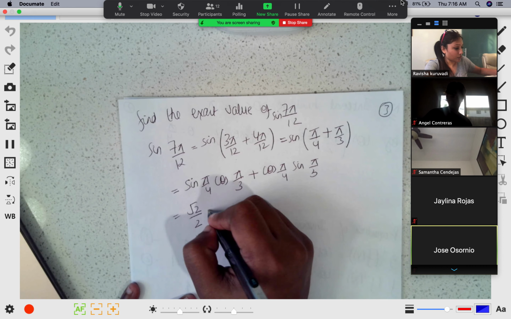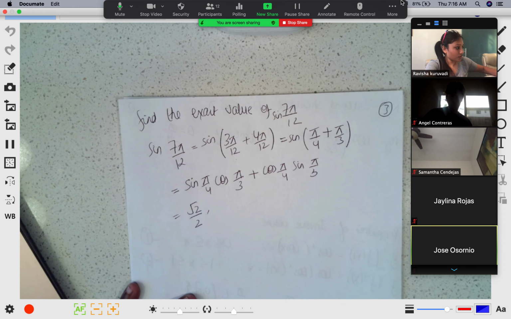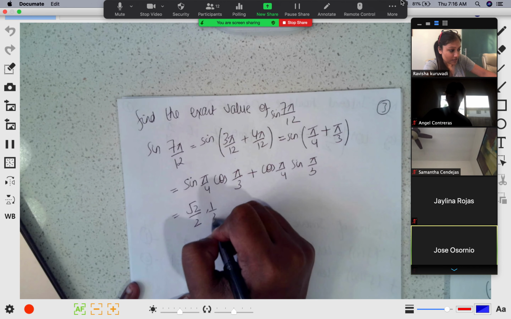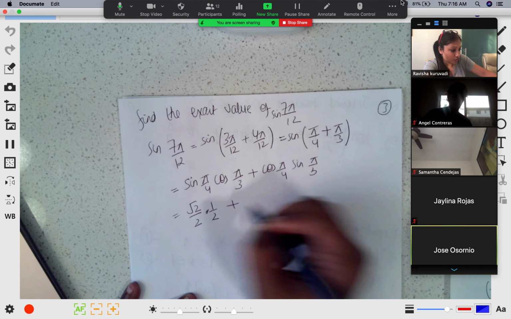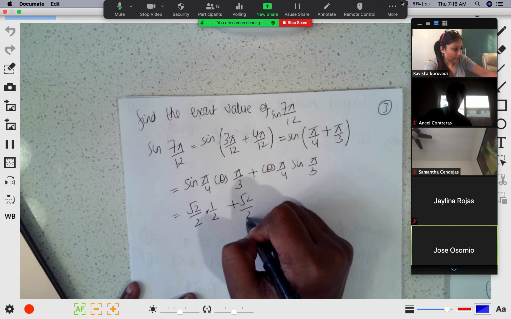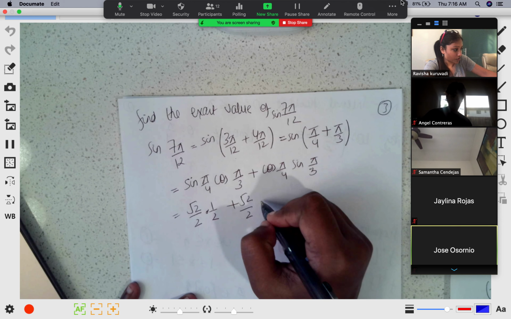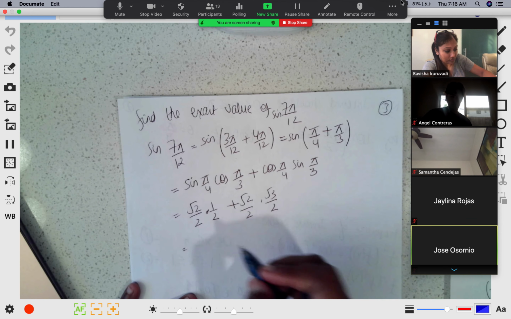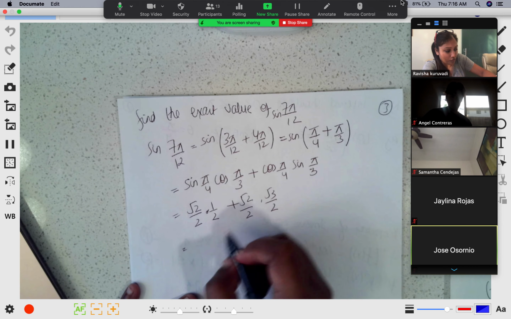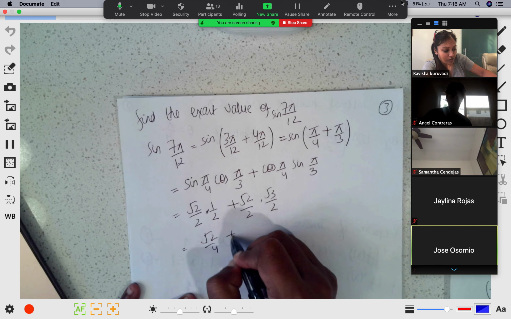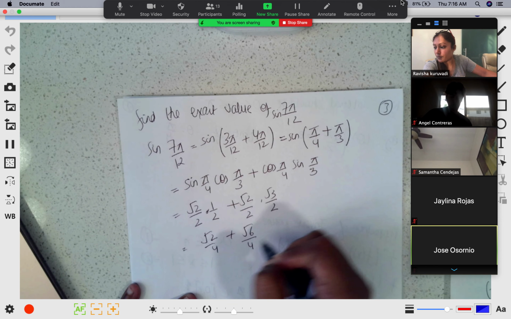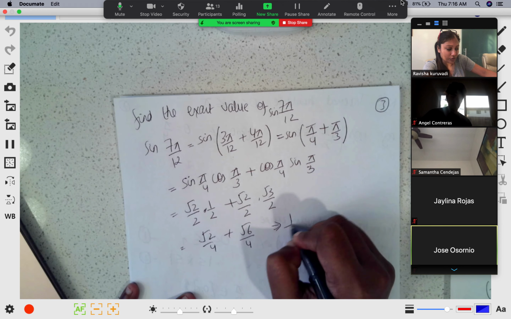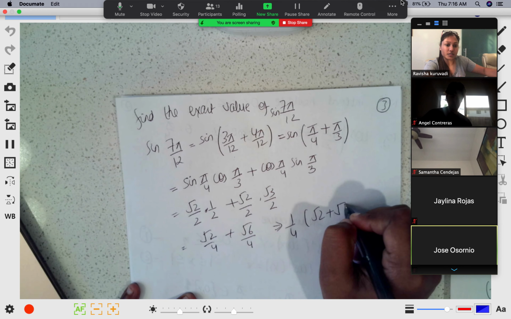Cosine pi by 3 is 1 over 2, times, and there is plus root 2 over 2, and sine pi by 3 is root 3 over 2. When you solve, you get root 2 over 4 plus root 6 over 4. You can take out 1 over 4 common, you're left with root 2 plus root 6.